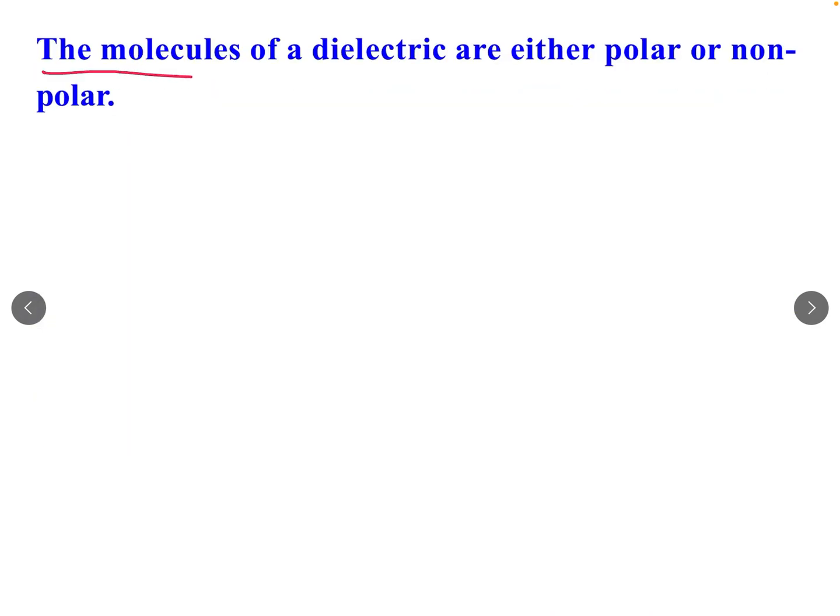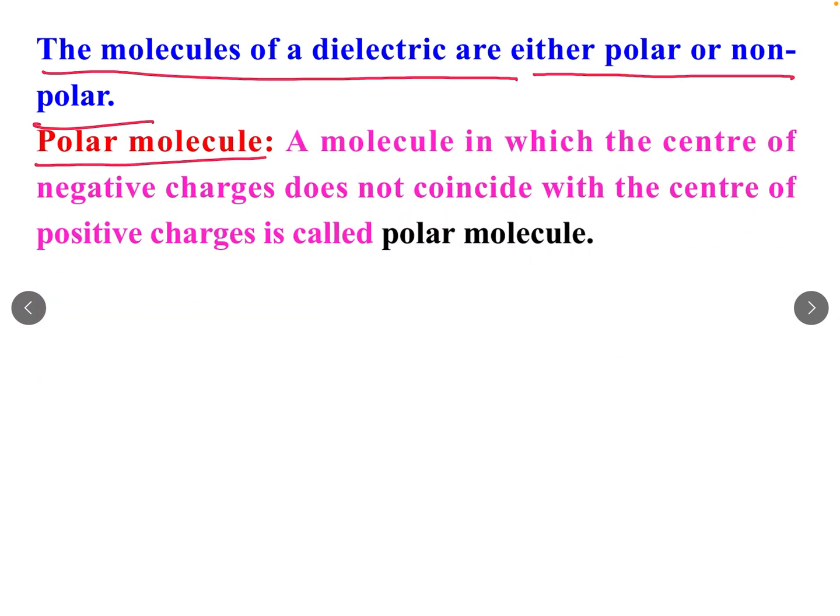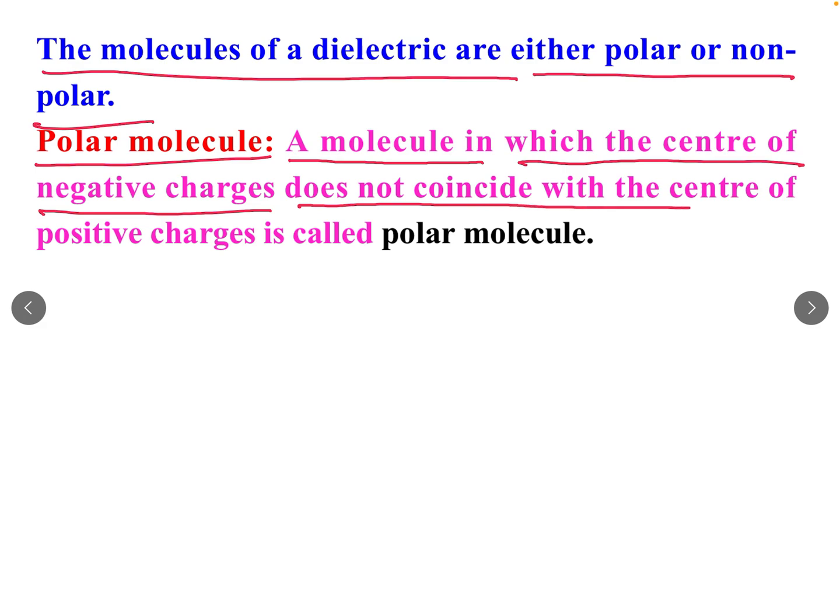The molecules of a dielectric are either polar or non-polar. Now we will discuss polar and non-polar molecules. Polar molecules: a molecule in which the center of negative charges does not coincide with the center of positive charges is called a polar molecule.